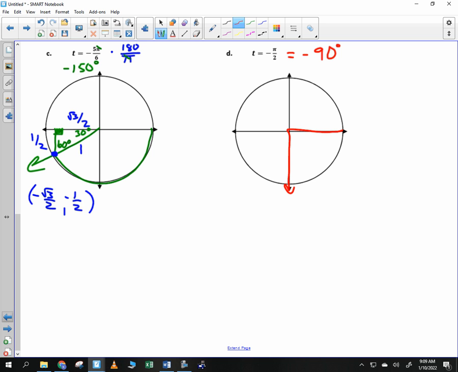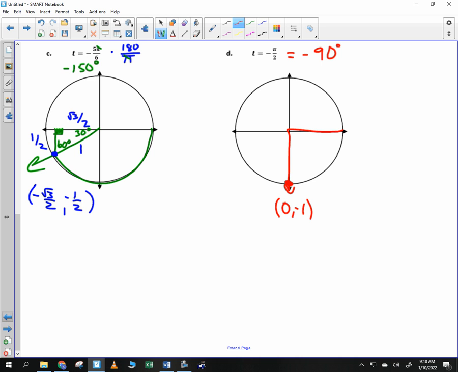Now, for a lot of people, when they do this, they automatically try to start to draw a triangle. Don't. This is the easiest problem we've seen yet. The reason why is you are trying to find the coordinate for where it crosses that circle. You don't have to draw a triangle, do you? What's that coordinate? 0, -1. You're done.